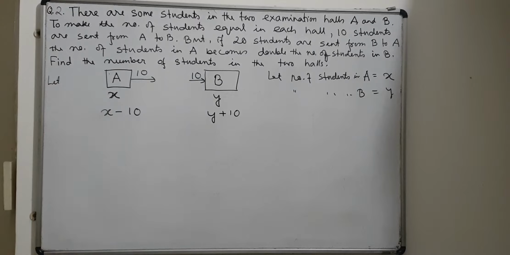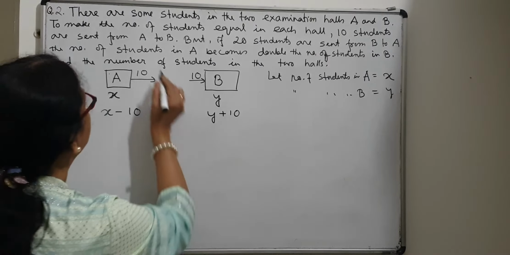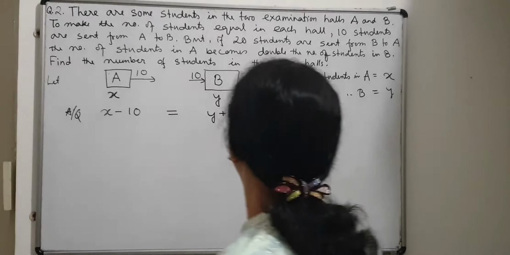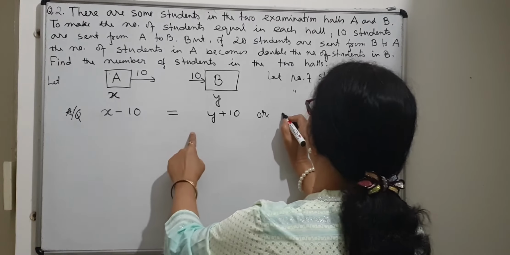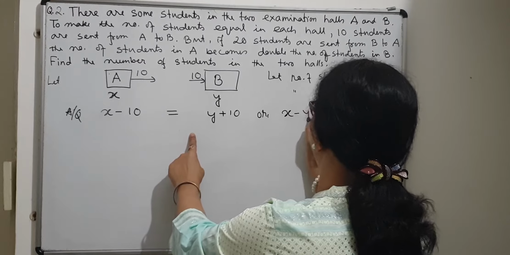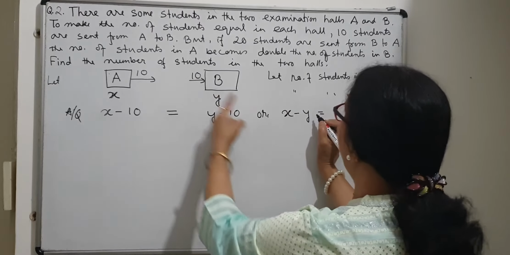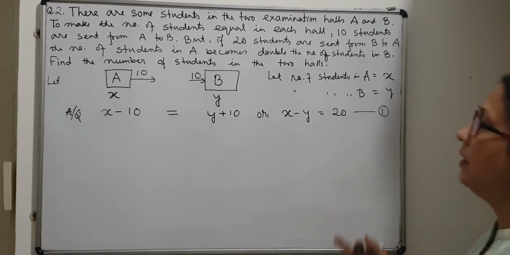Then according to the question, they become equal. So we'll get an equation: x minus y is equal to, y goes to that side, and 10 will come to this side, so 10 will become plus 20. So I am getting the first equation in two variables.